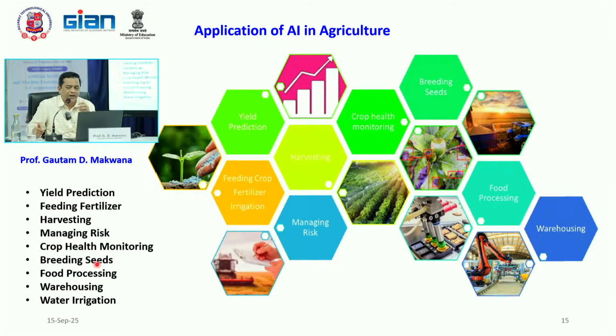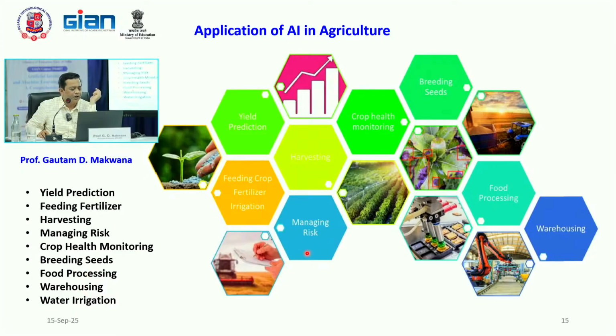So this is one area: identifying good quality seeds by using AI image processing of the seed, which will classify the seeds as either good or bad.